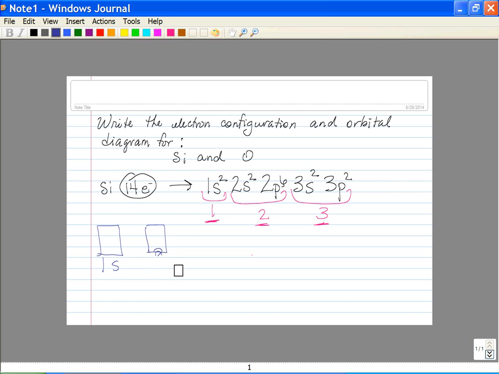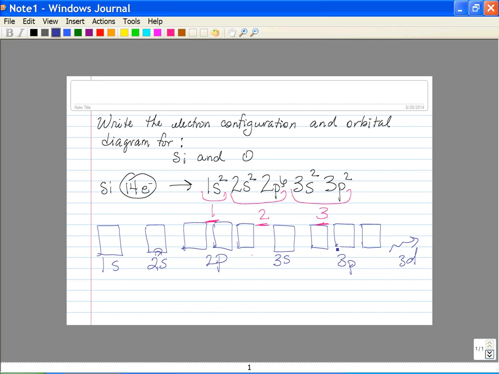Also in the second energy shell, we have 3 p orbitals. So this is going to be 2p. Then we move up to the third energy level. We start out with the 3s orbital. Then we can have a 3p. And over here we can go up to 3d, 4s, 4p, 4d, 4f, etc. But for right now, I think this is enough orbitals for all of the electrons to fill.